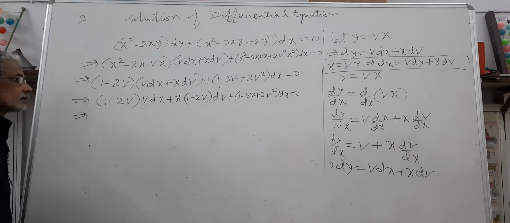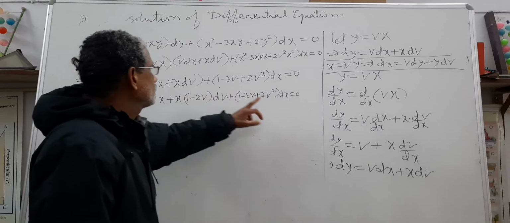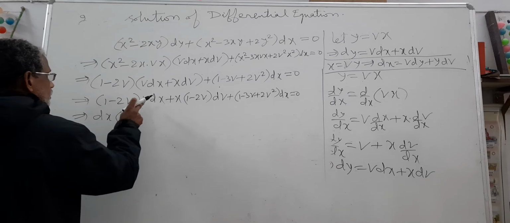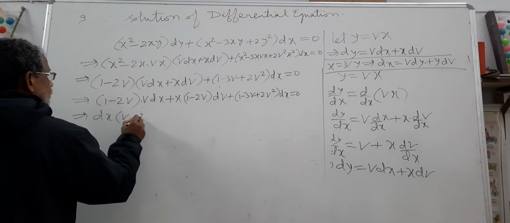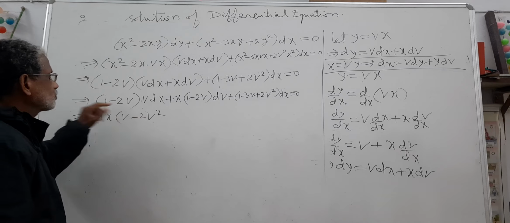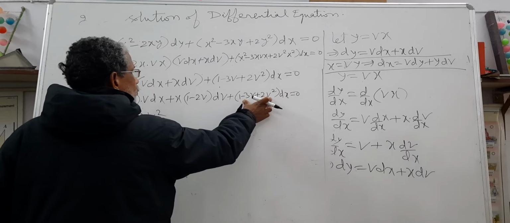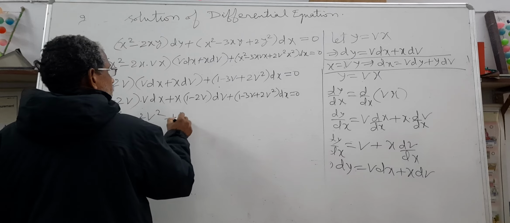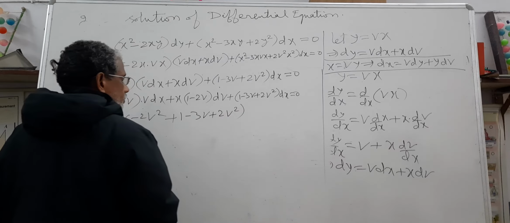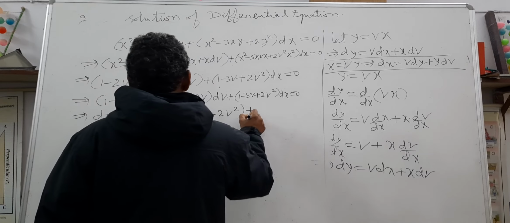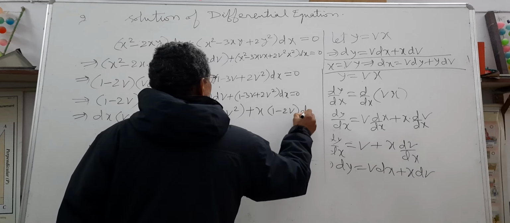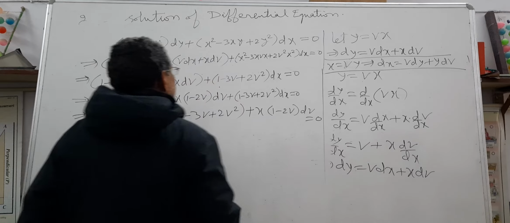This implies here is dx, here is dx, take dx common. You will get multiply this v minus 2v square. Now this plus 1 minus 3v plus 2v square, plus x into 1 minus 2v dv is equal to 0.